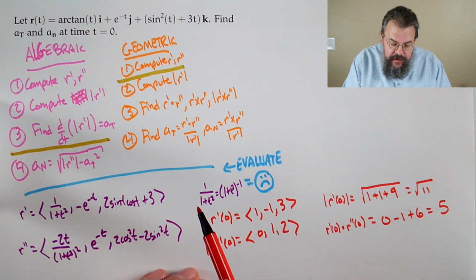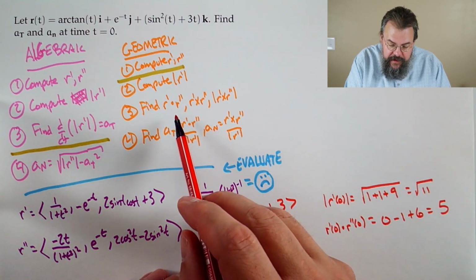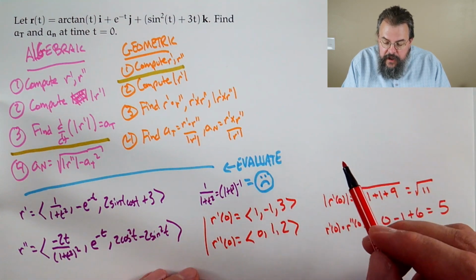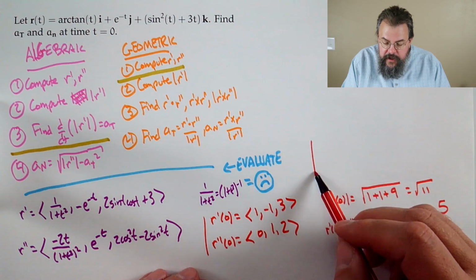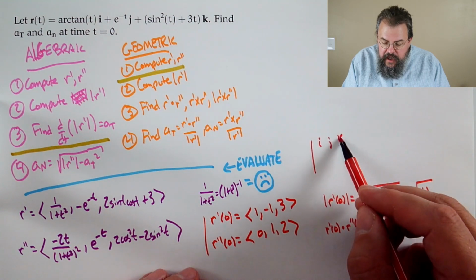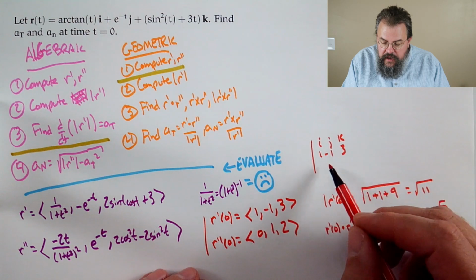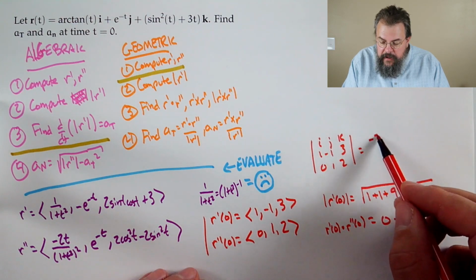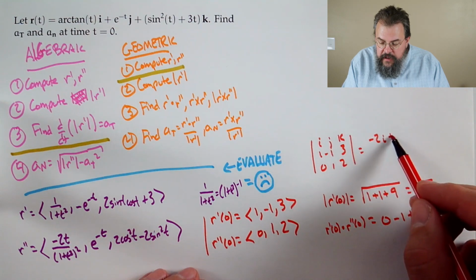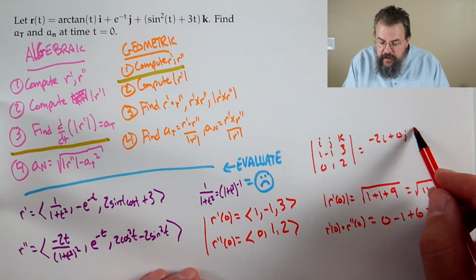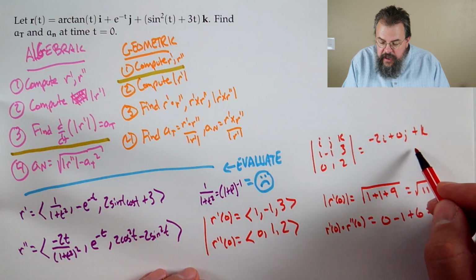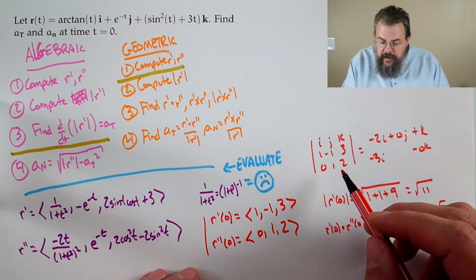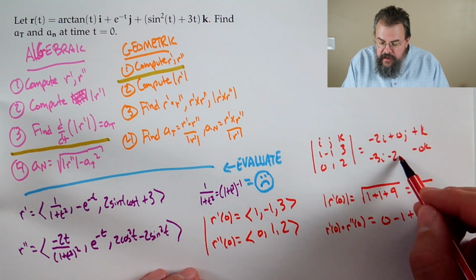Next up, we have to do the cross product, right? We found r prime dot r double prime. Okay, the cross product. So, r prime cross r double prime, that's i, j, k, 1, minus 1, 3, 0, 1, 2. That gives minus 2i, 0j, plus k, minus 0k, minus 3i, and minus 2j.